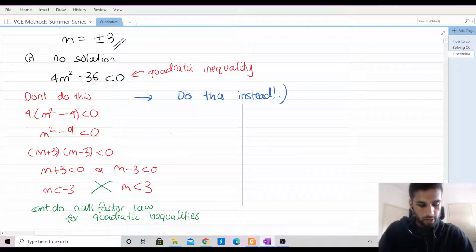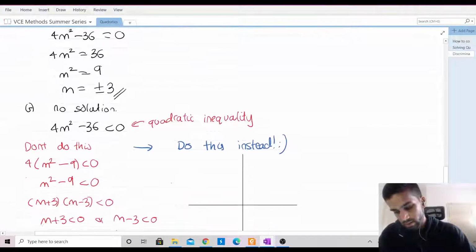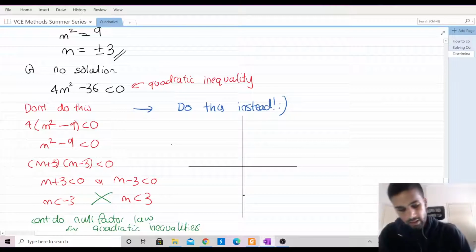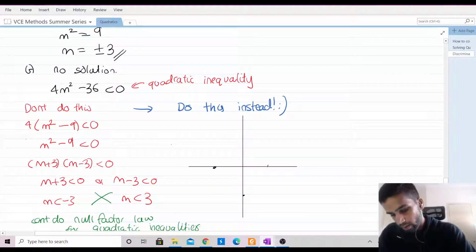We've already got an approximate shape of this graph. It's m squared minus 9 with the 4 dilation, so it has a y-intercept at negative 36. Doesn't matter about the y-intercept too much. We just care about the x-intercepts, which are at negative 3 and 3. It's a positive graph, so it's going to look something like this.